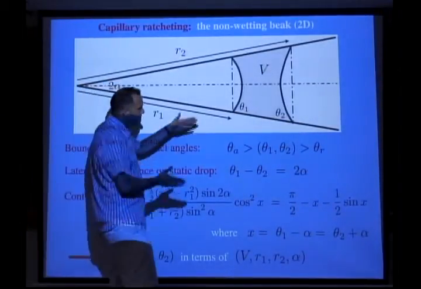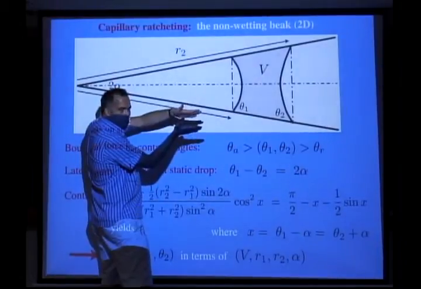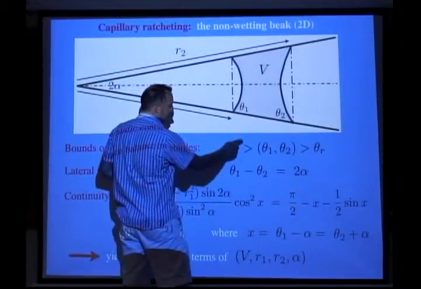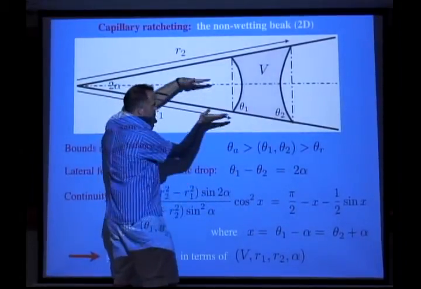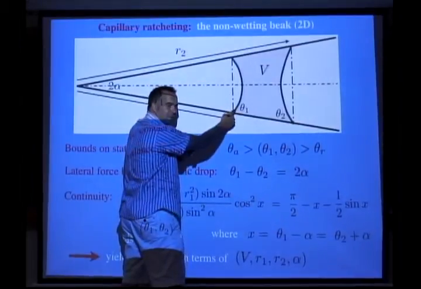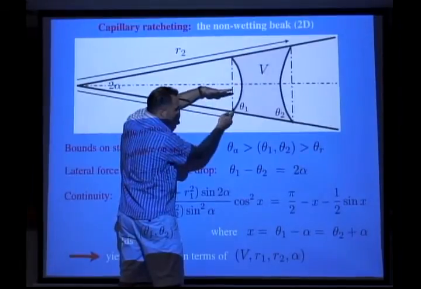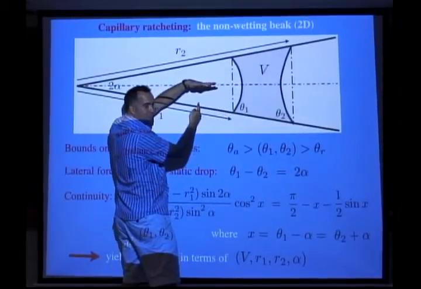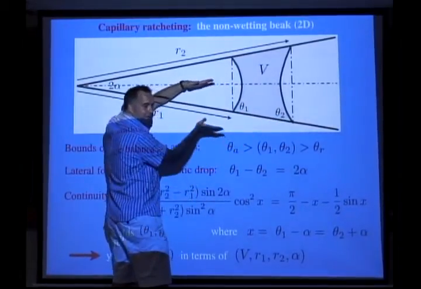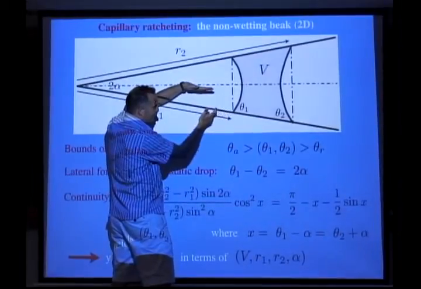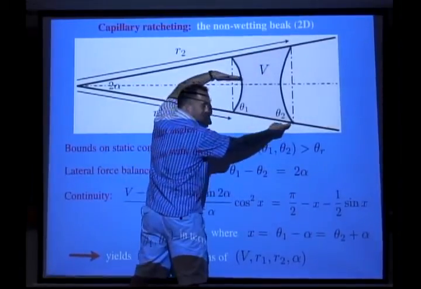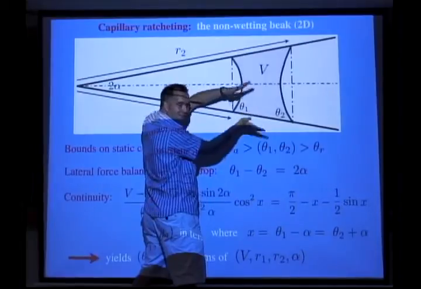What we're going to see is that when we close this, because theta 1 is always greater than theta 2, it reaches the advancing angle before the other one, right? So you close it, this thing hits the advancing angle, so it starts moving before this one does. So you close it until the point where this one starts to move, and then you want to reverse direction.